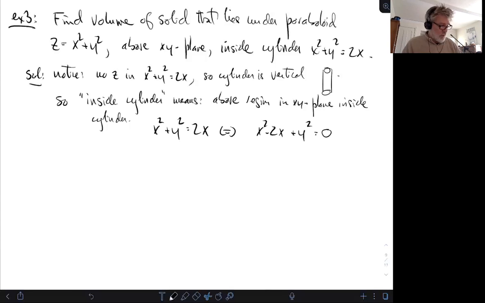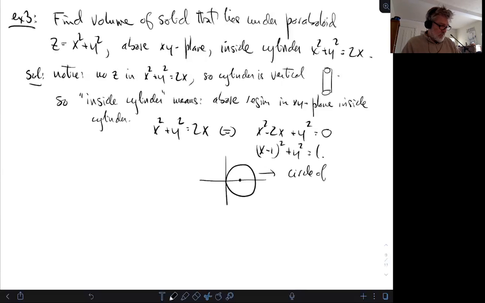You complete the square, and you get x minus 1 squared plus y squared equals 1. So this is the circle of radius 1, centered at (1, 0).